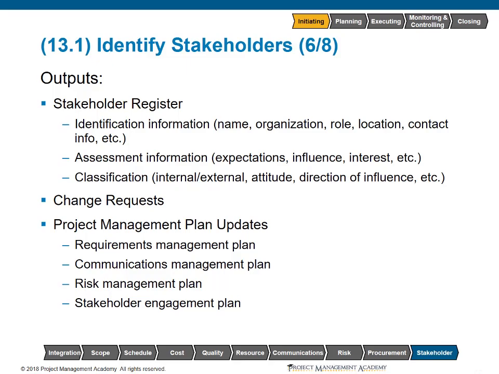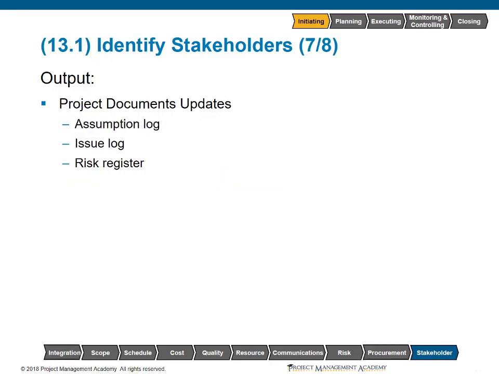Change requests could also be an output of this process. These change requests could modify any aspect of the project management plan or its component plans. This could be based upon new stakeholders or changing needs of existing stakeholders. Further outputs from this process include project documents updates, such as the assumptions log.